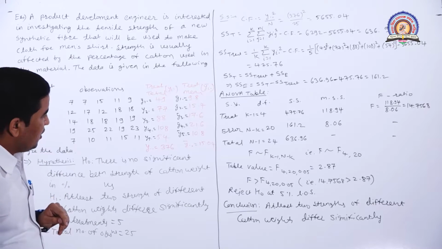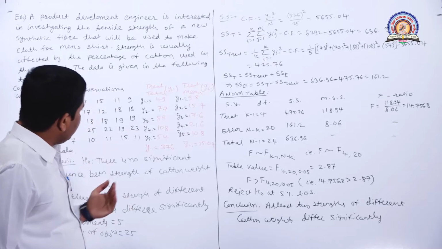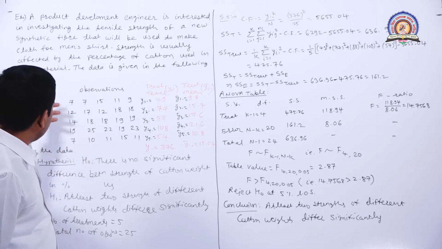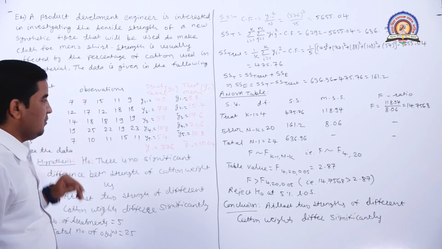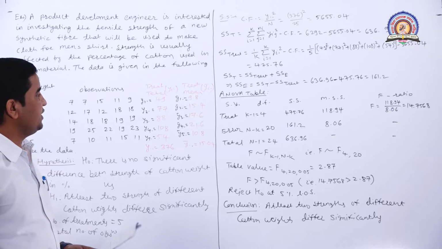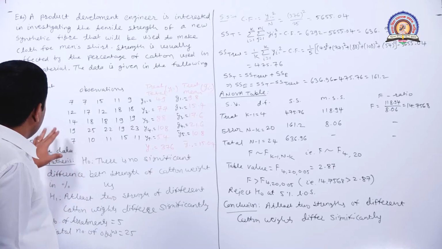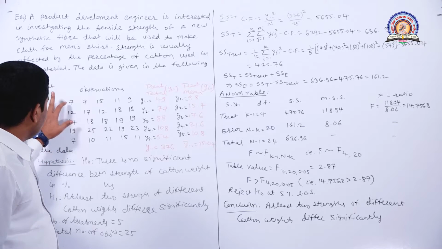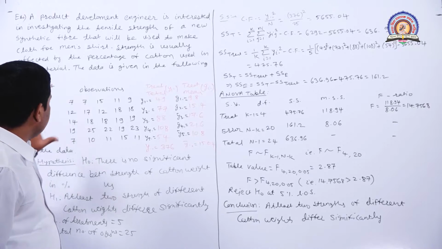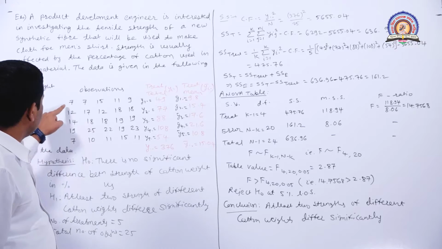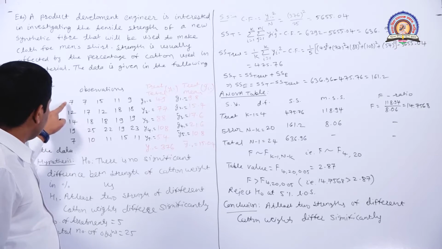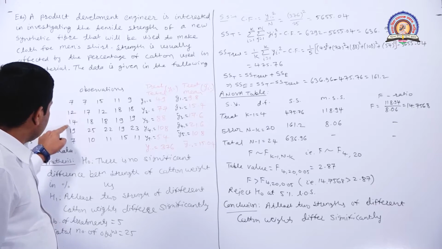Now, to check the pairwise comparison, we are going to use the Tukey's test. In Tukey's test, we can compare which 2 treatments differ significantly, whether there is a significant difference between the first and second treatment, first and third, and so on.